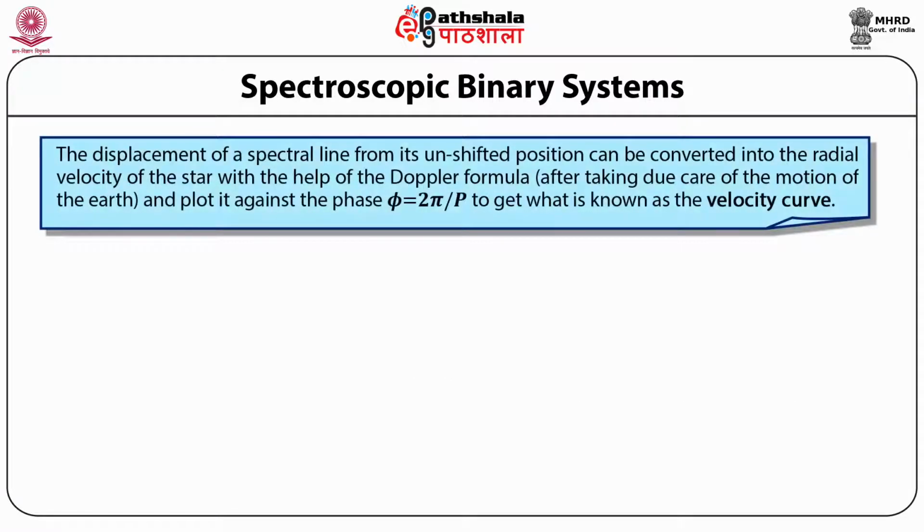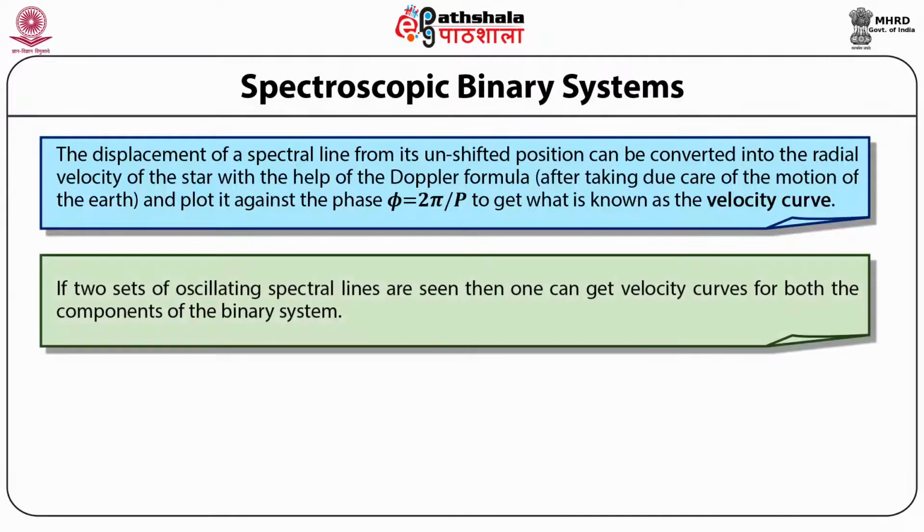The displacement of a spectral line from its unshifted position can be converted into the radial velocity of the star with the help of the Doppler formula, after taking due care of the motion of the Earth. This is plotted against the phase phi equal to 2 pi t by P to get what is known as the velocity curve.